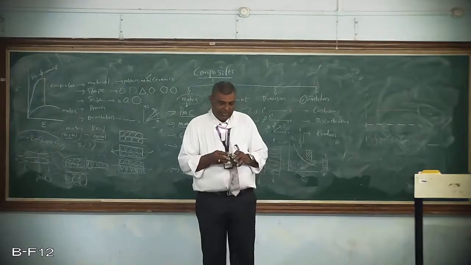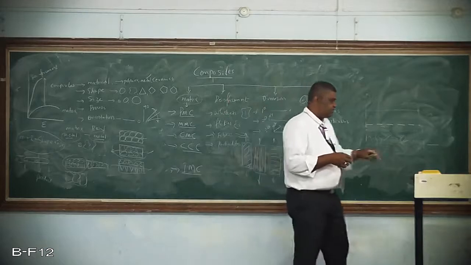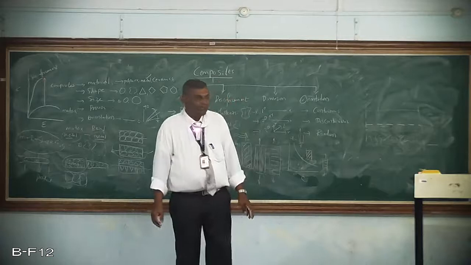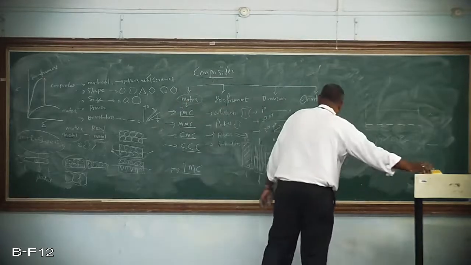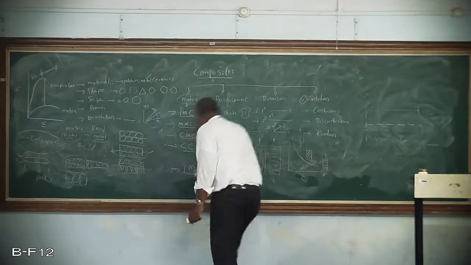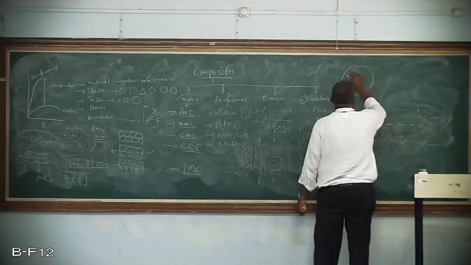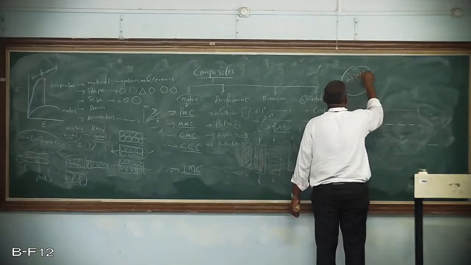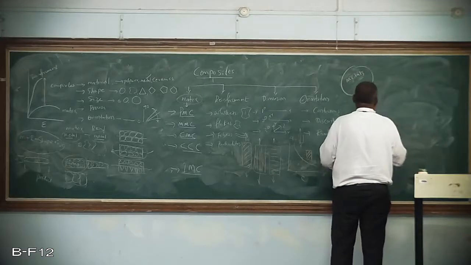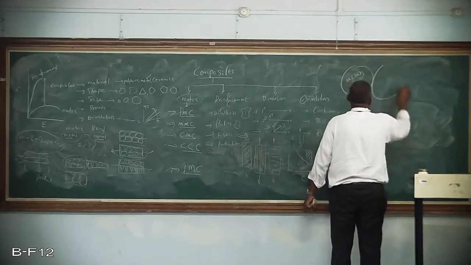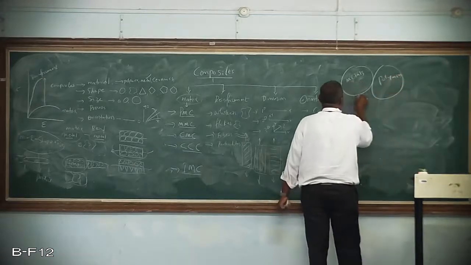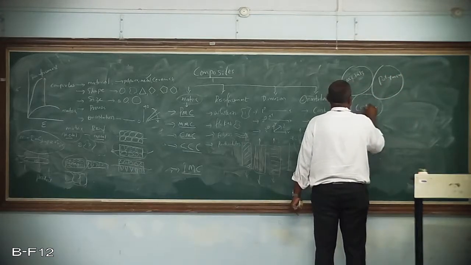So when I combine the low strength and high strength material, then it is called a composite. This composite can be defined in two ways. These are metals, polymers, ceramics.